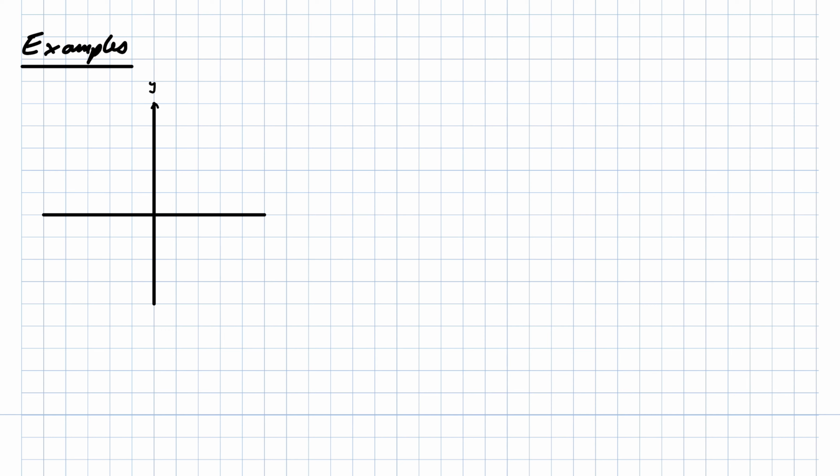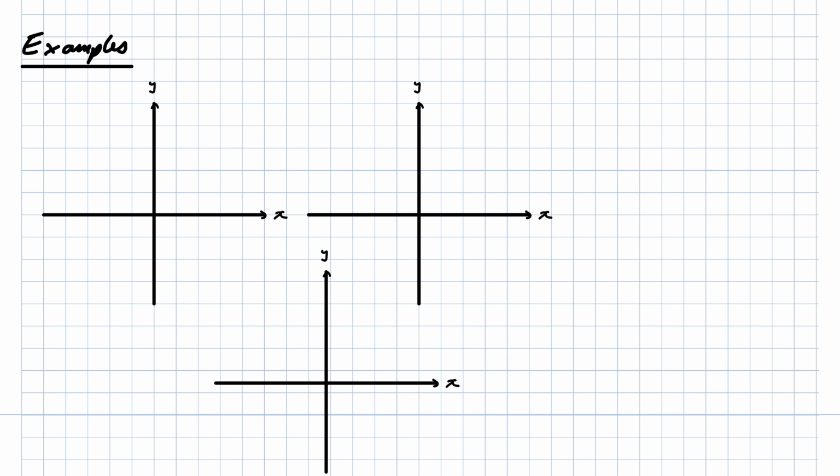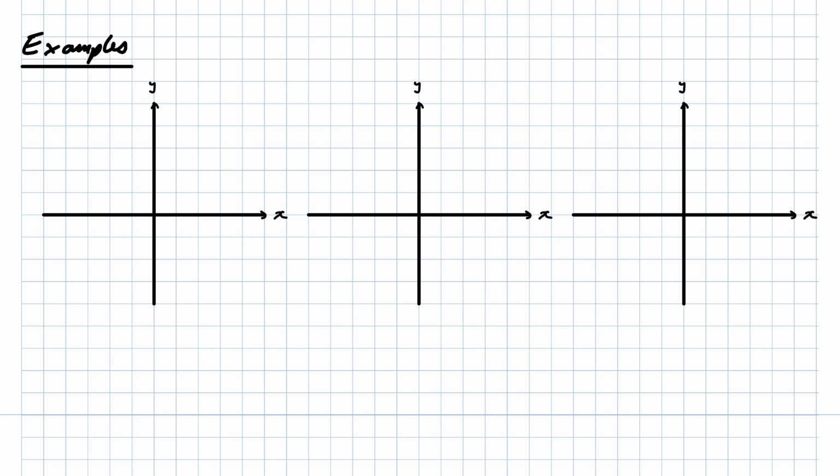So I just want to make sure we're very comfortable with this. This is such an important thing to be able to do. I want to go through three numerical examples. And it's good to have the graph paper there, just so we can really count things out.